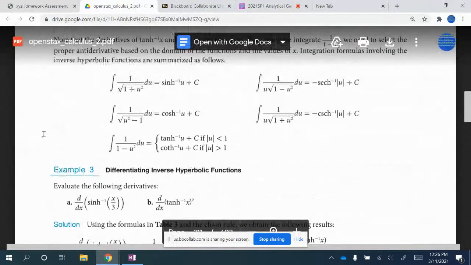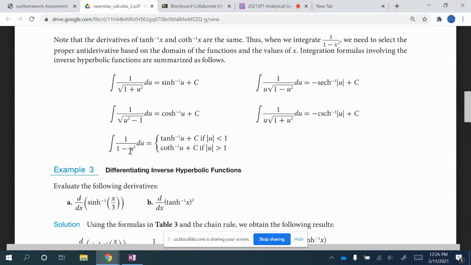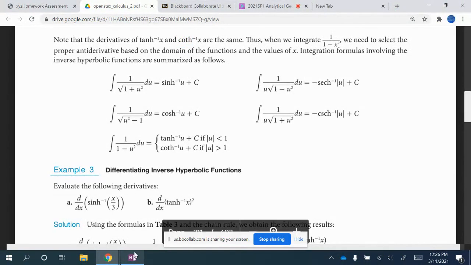this is on page 198, 1 divided by 1 minus u squared is the inverse of hyperbolic tangent u plus c. So I'm going to simply substitute this integral for the inverse of hyperbolic tangent u plus c.